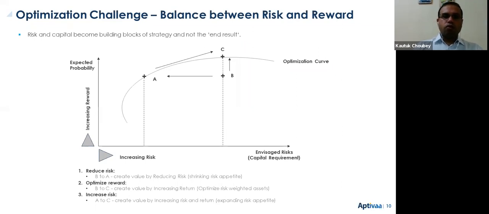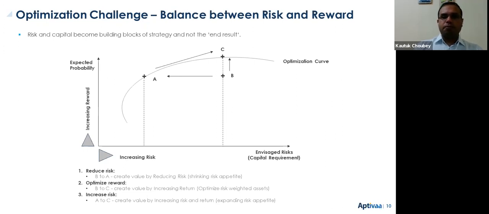Generally, without risk in the picture, the bank would primarily focus on the return side of it. But one of the shortcomings of growth which is not challenged by risk is that the growth does not have the potential threats or the cost of risk factored into it. So this is where the risk and the risk adjustment comes into the picture.